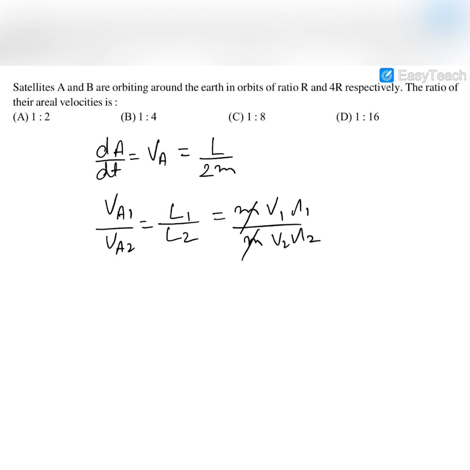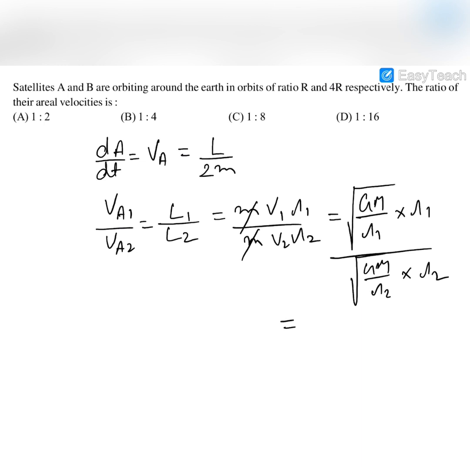So cancelling this m and m, and we know that V is equal to under root of GM by r1, orbital velocity, and this is under root of GM by r2.